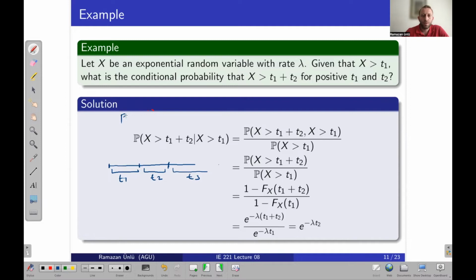So the probability of T1 plus the probability of T2 plus the probability of T3 is equal to 1, right? What I am asked is the probability that the random variable X will be greater than T1 plus T2. So I am asked the probability of X taking values in the region of T3.